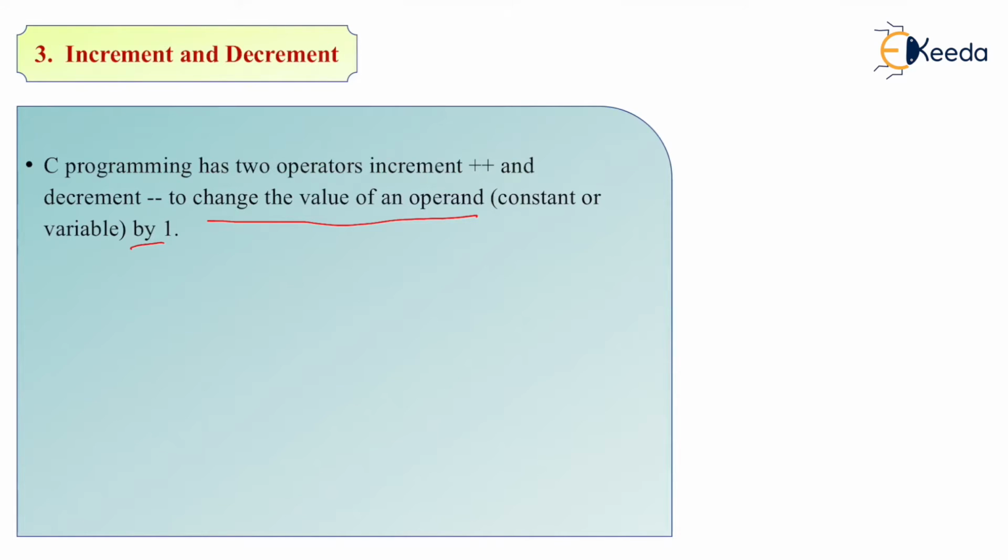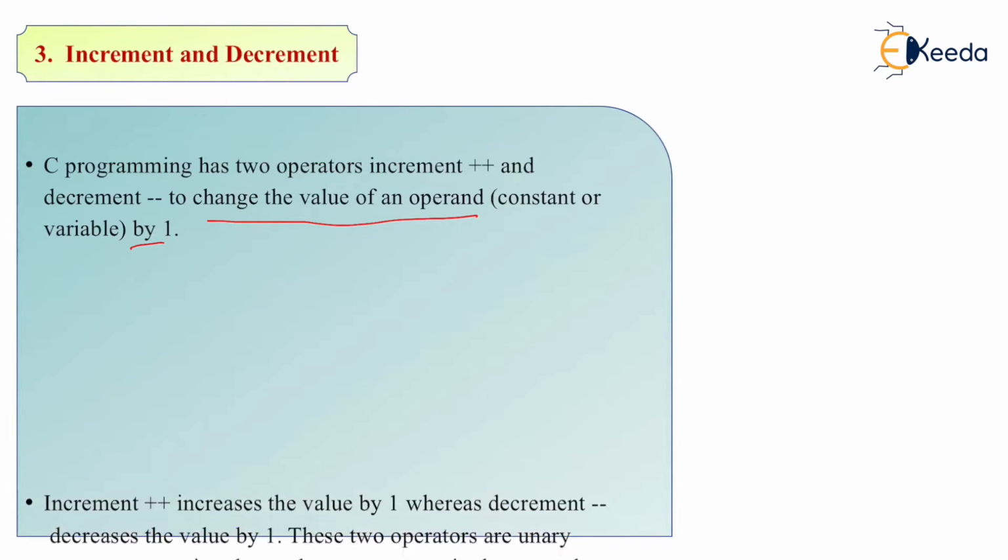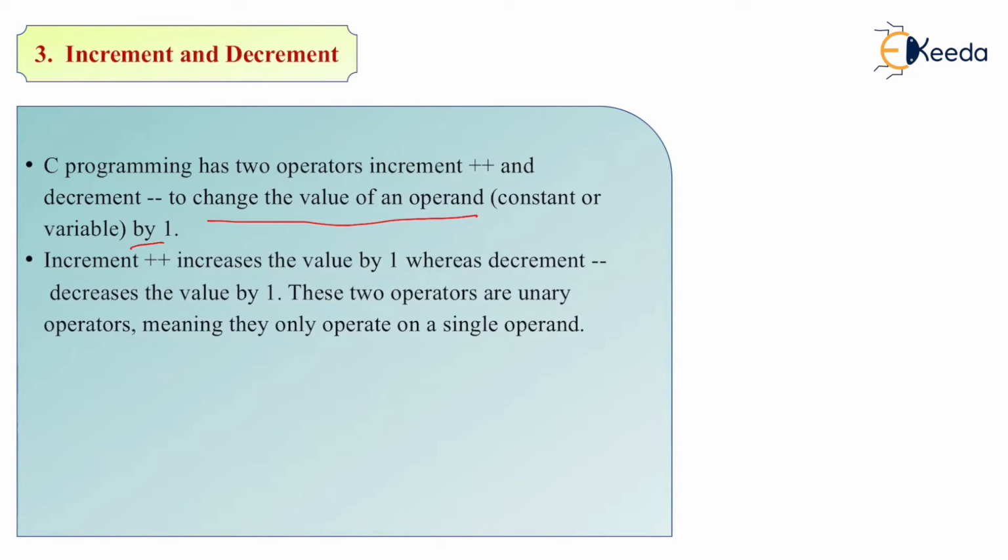And this operator is also called a unary operator. Increment increases the value by 1, whereas decrement, that is minus minus, decreases the value by 1. These two operators are unary operators, meaning they only operate on a single operand.